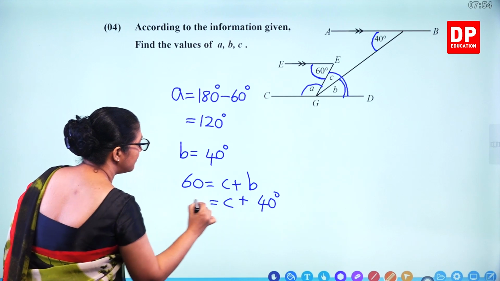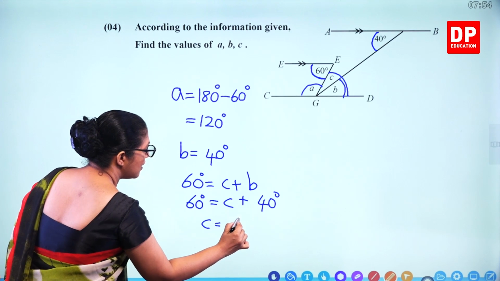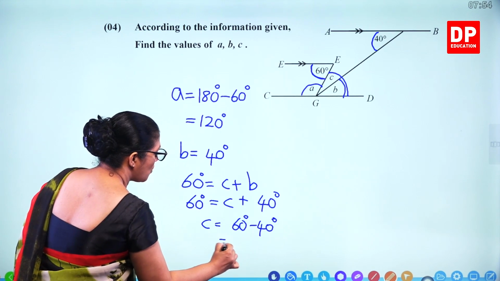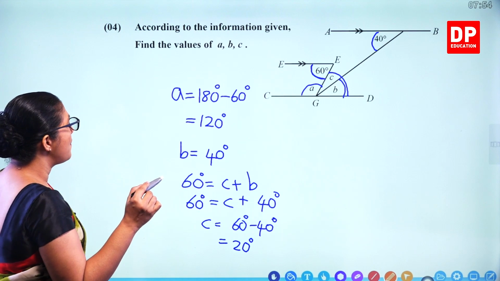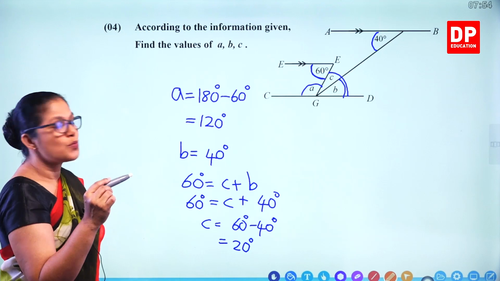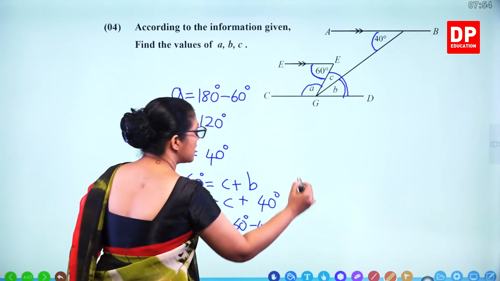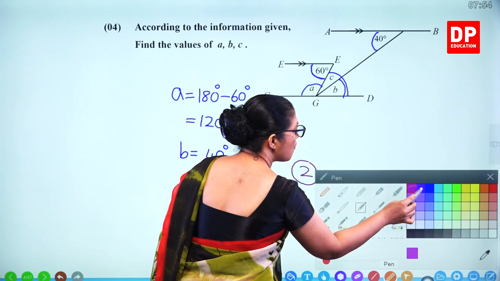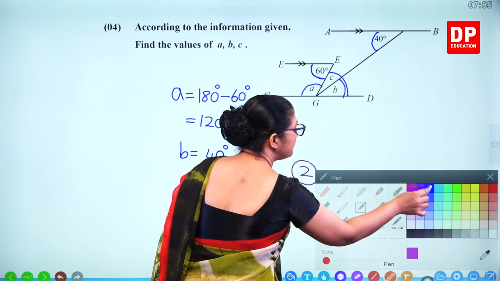So what is C? 60 minus 40. You get 20 degrees. So we found A 120, B 40 and C 20 degrees. So you get 2 marks for that. If 2 correct, you get half of a mark. That means 1 mark there.